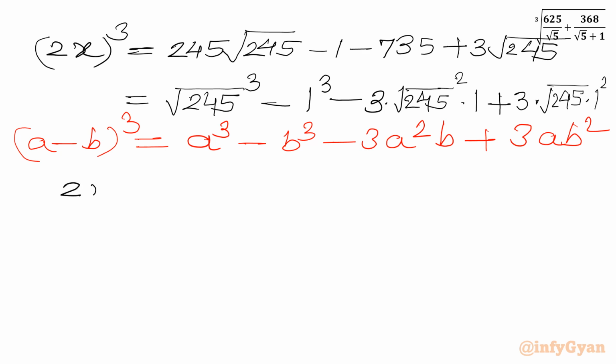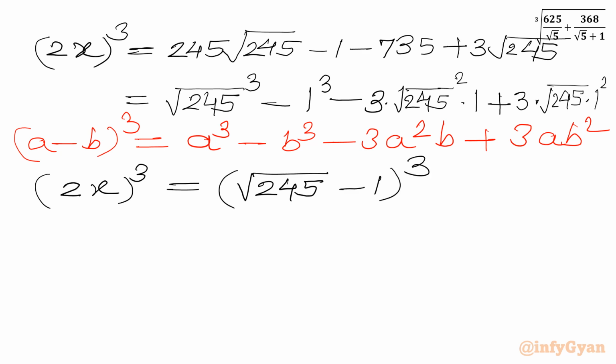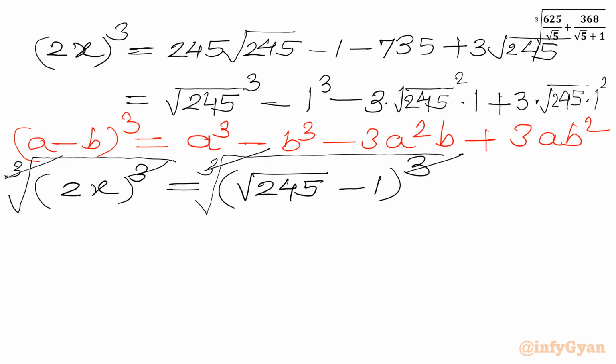So I can write LHS as 2x whole cube, and RHS will be square root 245 minus 1 whole cube. Now we can take cube root both sides. So cube root and cube will be over. For real x, I can write 2x will be equal to square root 245 minus 1.